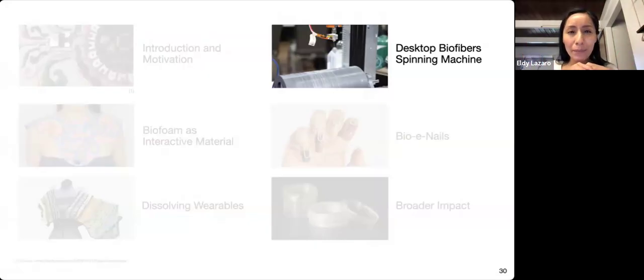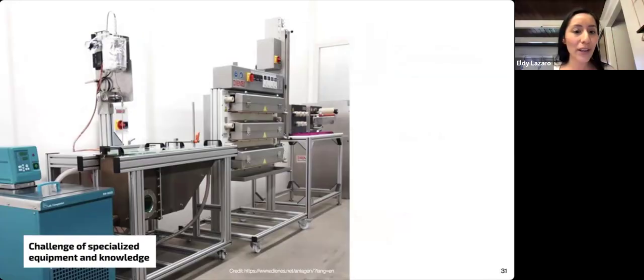We noticed that these fibers are usually made using specialized equipment that requires specialized knowledge, and this equipment usually lives in material science departments or chemistry departments. And as designers, we don't have easy access to this machinery.